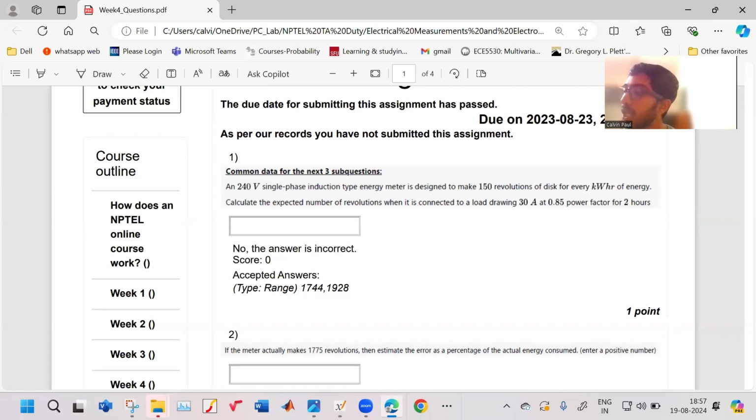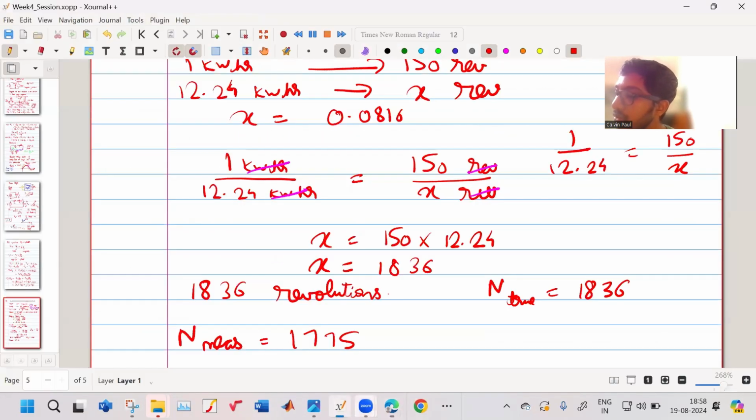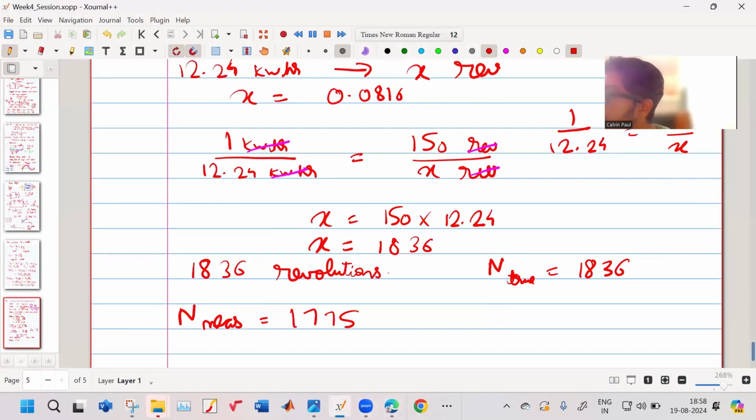Okay. So now we have been told to find the error. Okay, error we can find out. We know the formula. And then they have told enter a positive value. And they've told to find the error percentage. So now, what is my error?